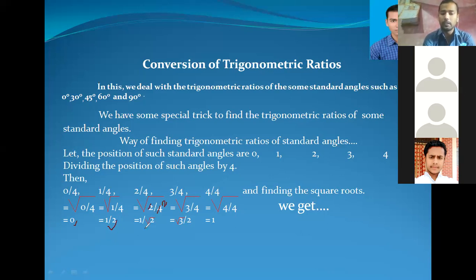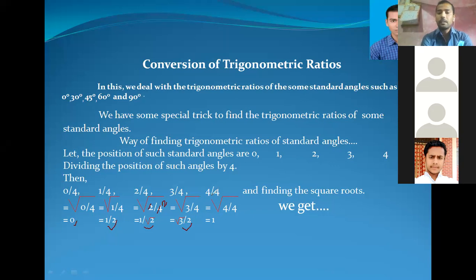Is it? So the third value is 1 by root 2. Then after, we have the fourth value 3 by 4. If we talk about 3 by 4, the square root of 4 is 2 and the square root of 3 is root 3. That's why the value of the fourth place is root 3 by 2. Is it okay?